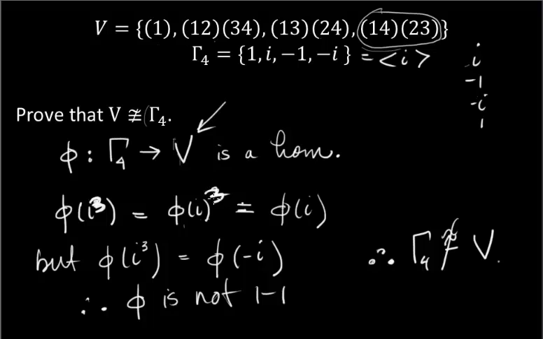So I thought, well, all right, there are no elements here that have a higher order than 2. But down here, I know that i has order 4, and that if you cube it, you get minus i.